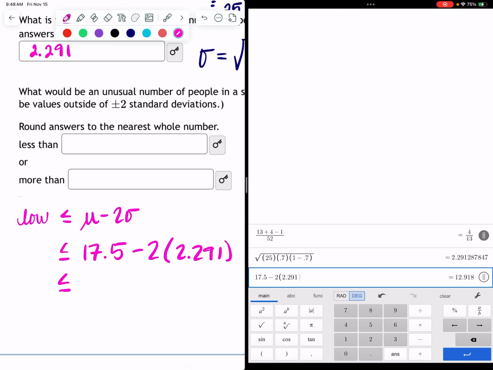So anything less than 12.918, rounded to the nearest whole number, so anything less than 13 would be considered unusually low.